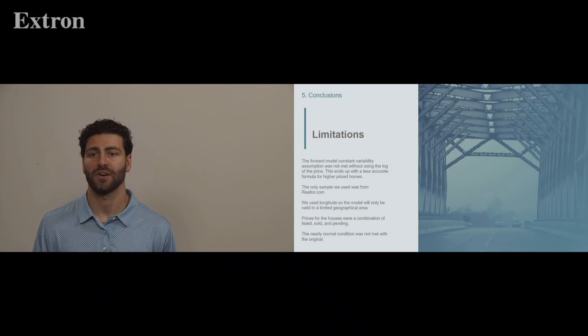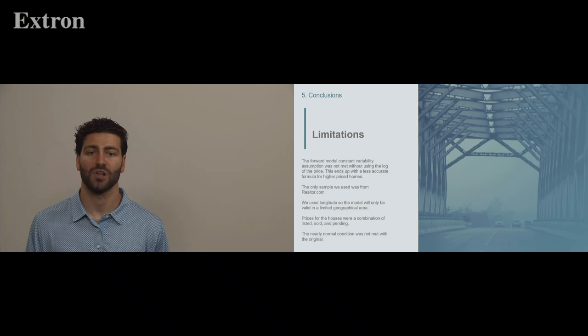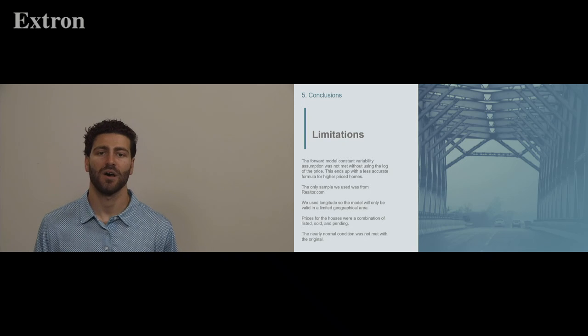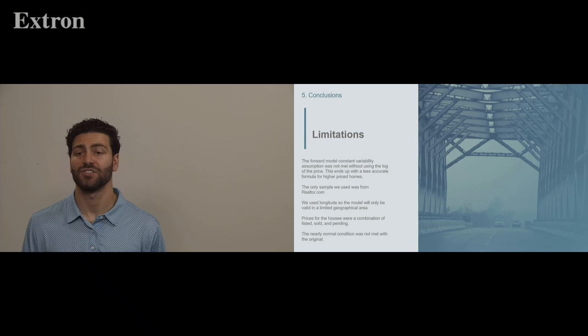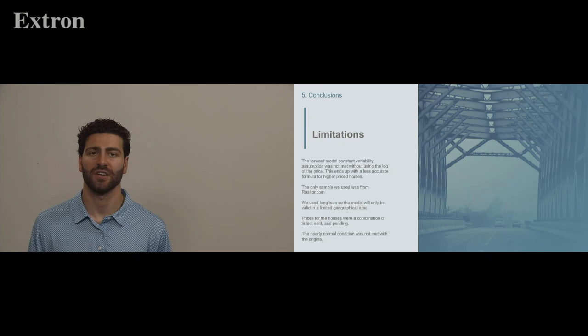We didn't use any other resources such as Zillow or Trulia. Thirdly, we used longitude, so the model will only be valid in limited geographical areas. Another thing worth noting is the prices for the houses were a combination of listed, sold, and pending status on Realtor.com, and the nearly normal condition was not met with the original.